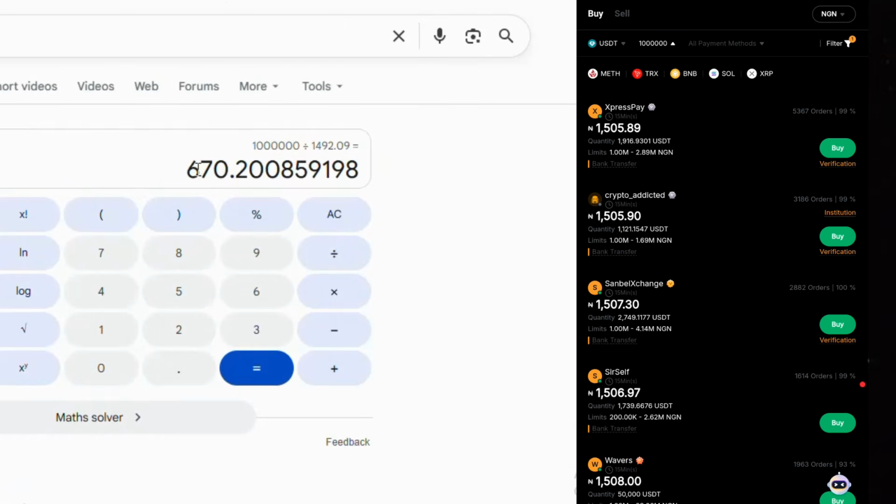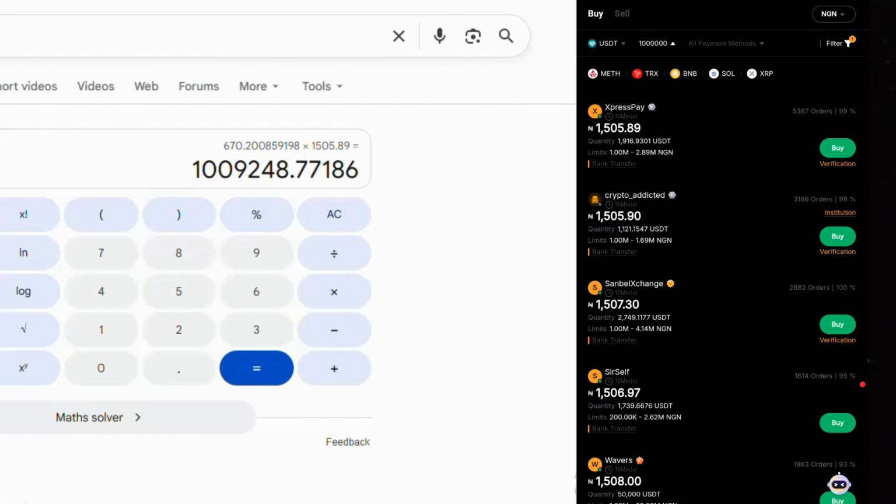You have this USDT already, so when you sell all this USDT at 1505.89, you multiply it like this: 1505.89. You click equals, and this gives you 1,009,248. This is the total amount you'll be having once you have used your 1 million naira to buy and sell, given this rate.